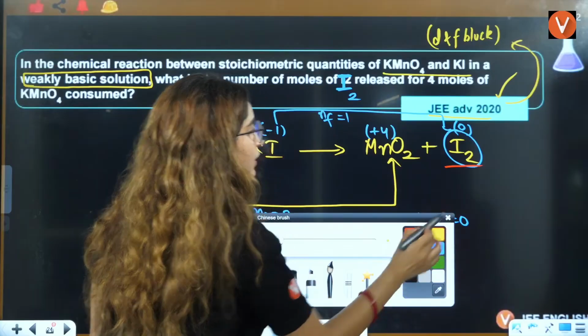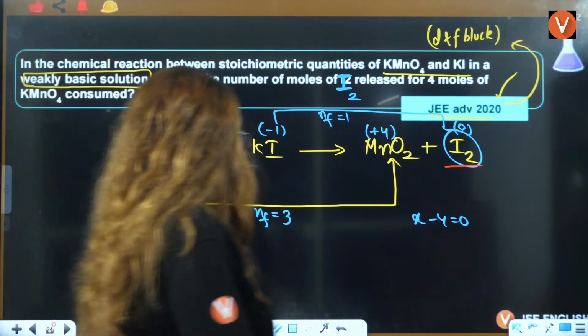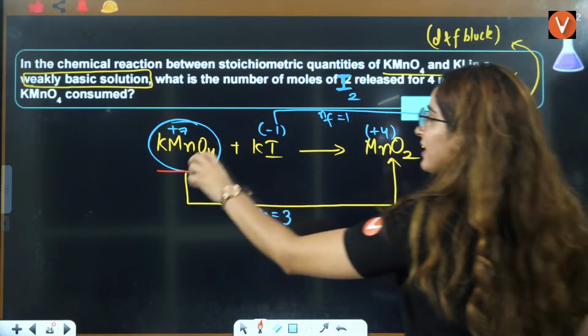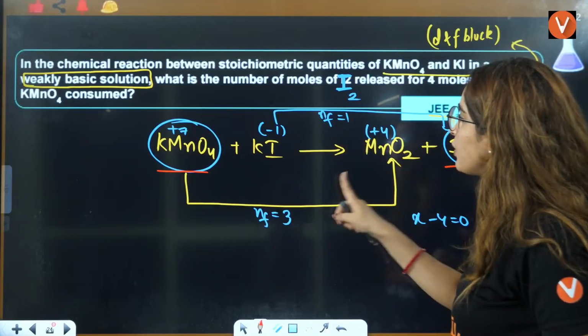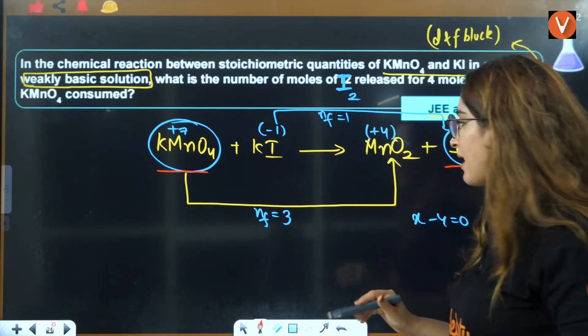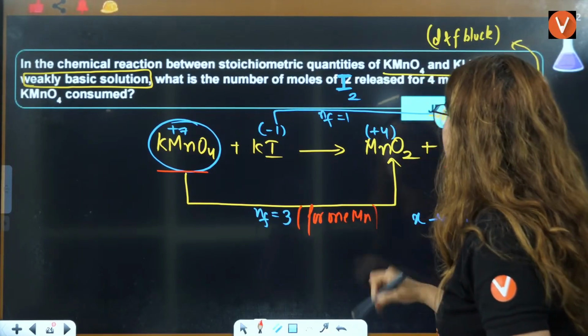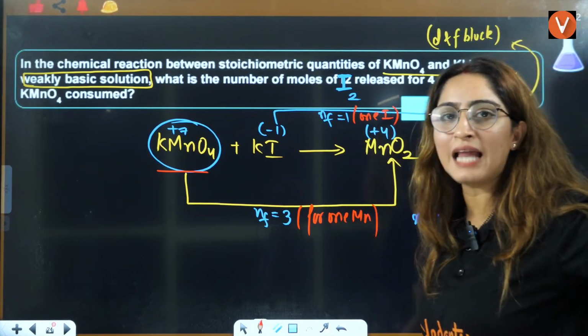Okay. Now, can you see one thing here? Very important that we will learn in redox reactions. Manganese is 1 here as well. So, I am using 1 for 1 manganese. This N factor is for 1 iodine atom.